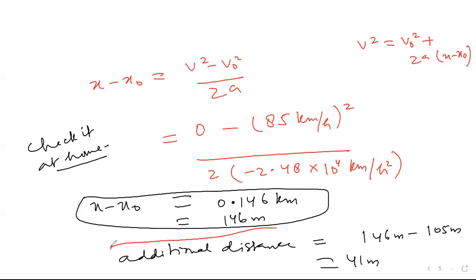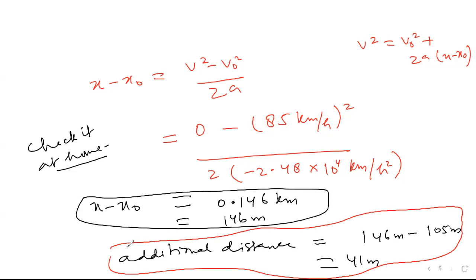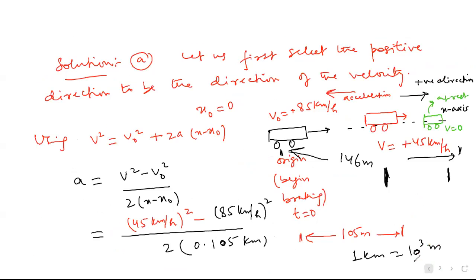Don't get confused. By additional distance, I mean the distance traveled between the point at which velocity is 45 kilometers per hour and the point at which v is 0. So it is 146 meters minus 105 meters, which is 41 meters. That means this distance in the figure is 41 meters. Simple. This whole distance we calculated is 146 meters.